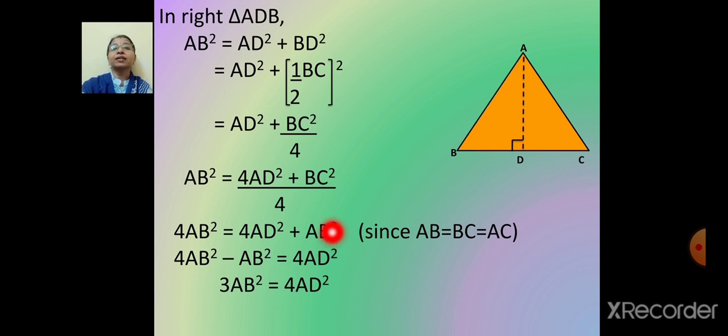Now you collect the like terms together. For that you shift this AB square on this side. So 4AB square minus AB square is equal to 4AD square. So 4 minus 1, 3AB square is equal to 4AD square, and this is what we want in the final expression, right?